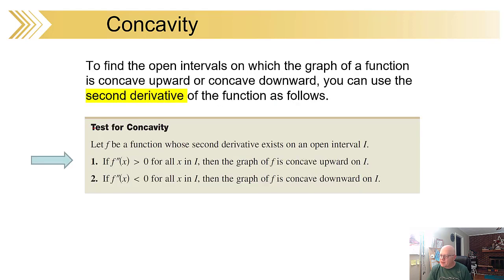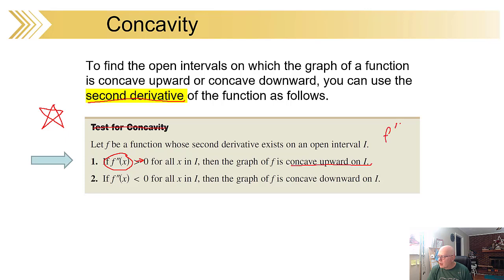Now, the test for which kind of concave graph we have. This is very important, so make sure you've got this note with the second derivative information. When the second derivative is positive on some interval, remember it's on intervals we're talking about, then it's concave upward.